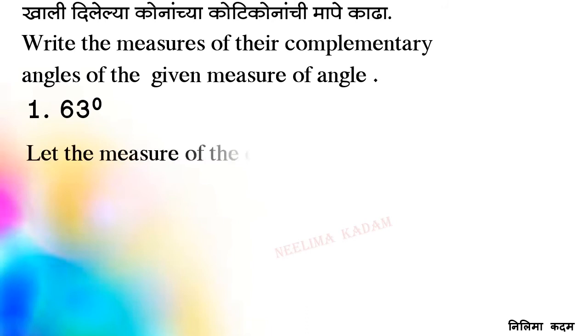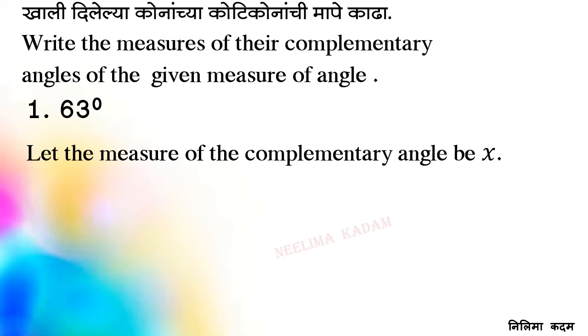Let's see. Let the measure of the complementary angle be x. Now this is the figure, right? One angle is given, that is 63 degrees. Now what is the condition of complementary angles? Their sum should be 90 degrees, right?